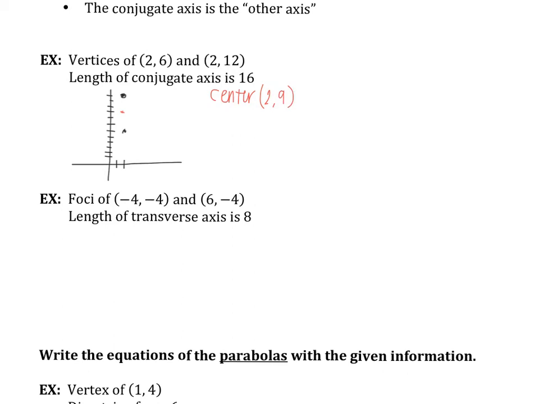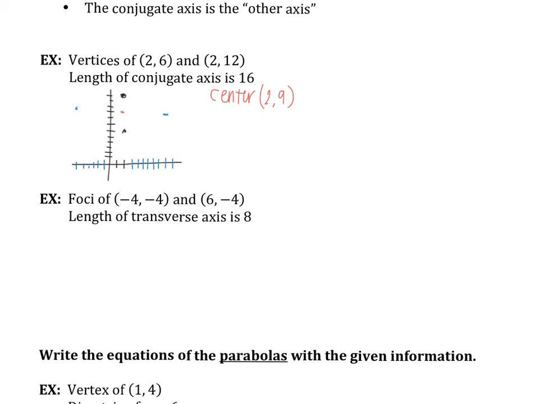The length of the conjugate is 16. So that means I'm going to go 16 to the right and left, which means 16 is the total. So 8 to the right, 8 to the left. Again, this is a basic sketch. There we go.